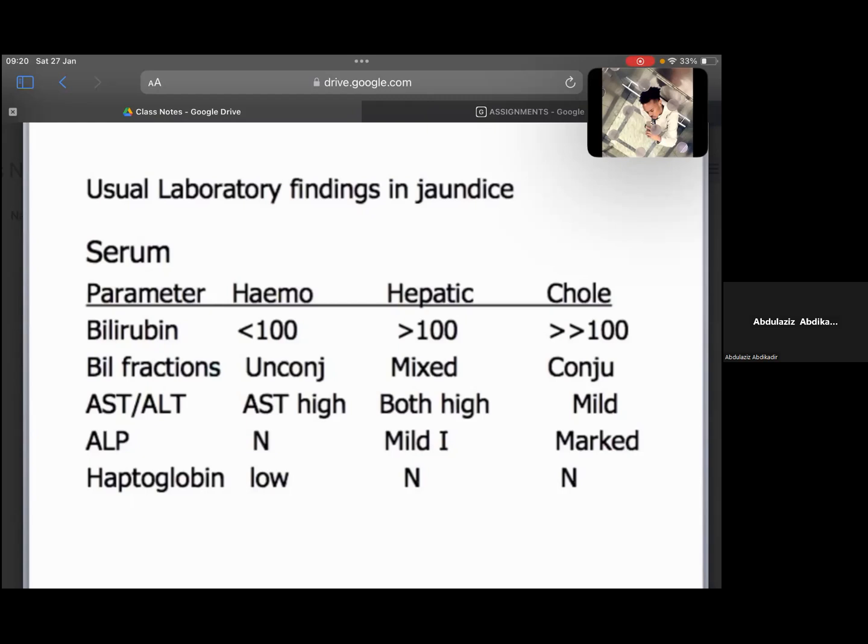The haptoglobin and hemopexin are mop-up proteins of hemolysis. Imagine hemolysis will create a mess. So the haptoglobin and the hemopexin, these are regulatory proteins.